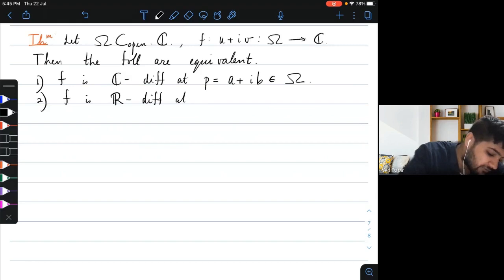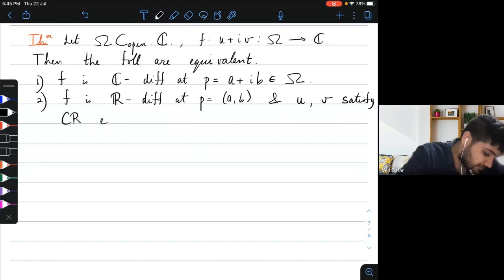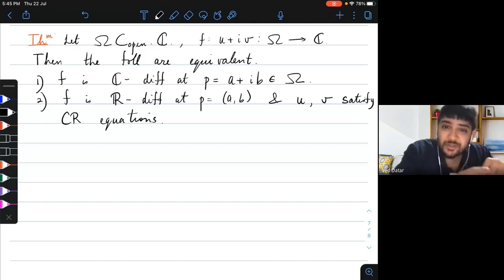So now I'm thinking of this point P as (a, b), and u and v satisfy the Cauchy-Riemann equations. Okay, so just the Cauchy-Riemann equations do not imply complex differentiability, but Cauchy-Riemann equations and R differentiability does imply C differentiability. Okay, so I hope the statement of the theorem is clear.